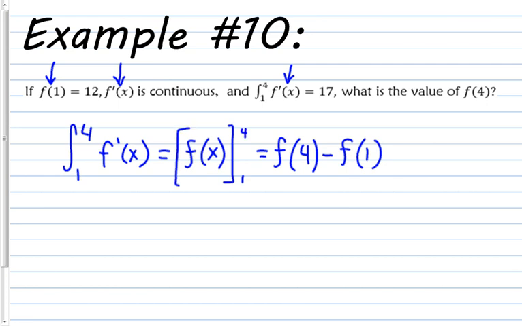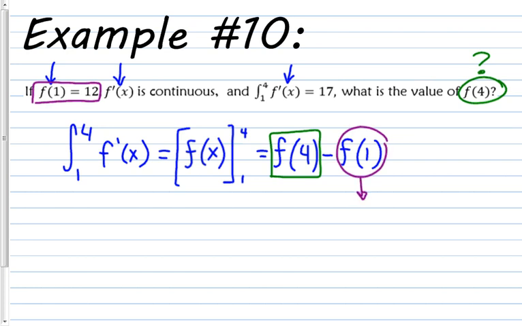Alright, so now, look back at the information. This is what we're looking for. Here it is. I'm looking for this. They did provide me with this piece of information right here. F of 1 is 12. Ooh, look at that. F of 1 is 12. I still don't know what this is.